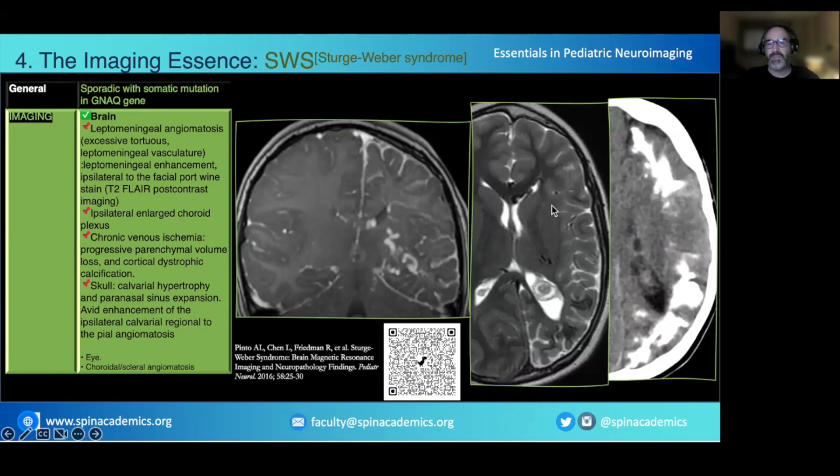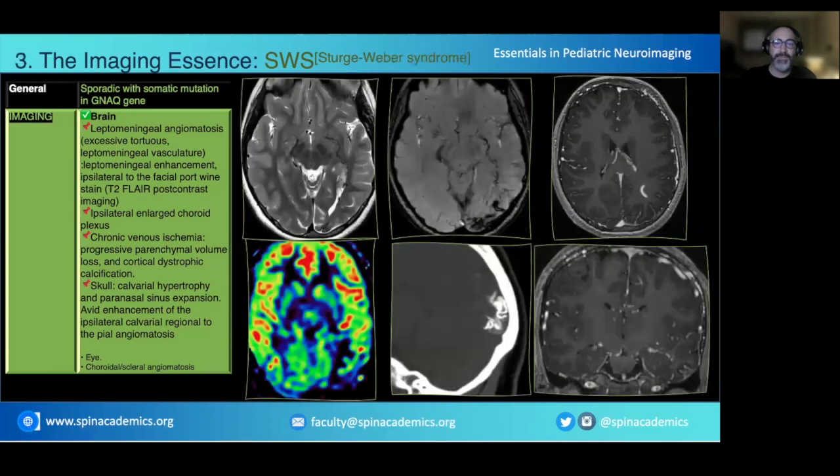These types of lesions are in the same site of the port-wine stain. So they are unilateral, and if it's very severe, you will find these calcified vessels because of this chronic venous congestion. Remember that you could also find hypertrophy of the skull of the same area because of the atrophy of the parenchyma.